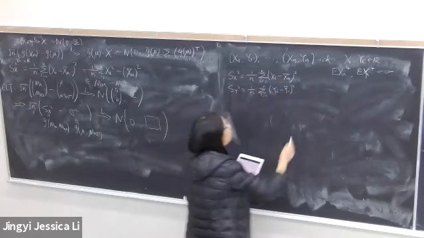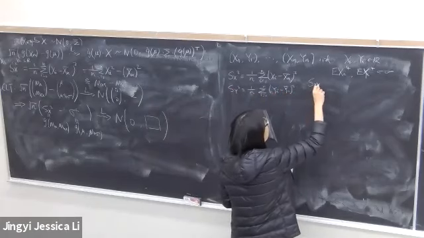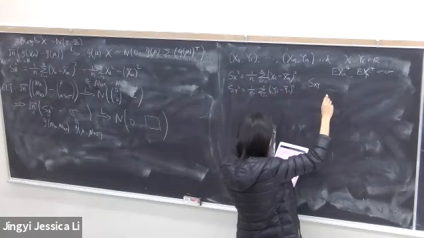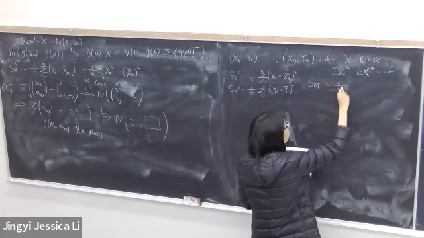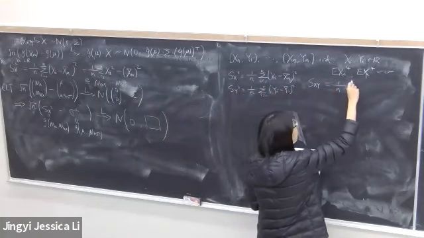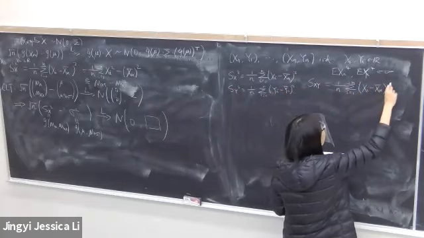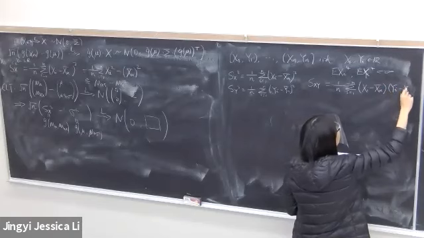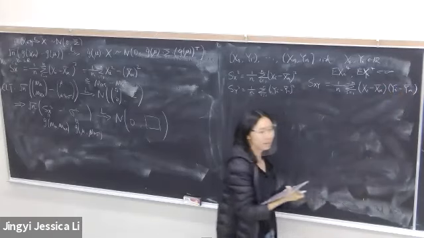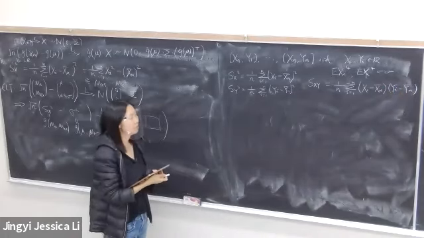And the sample covariance of x and y is this cross product, (xi minus xn bar)(yi minus yn bar). These are the sample variance and sample covariance.